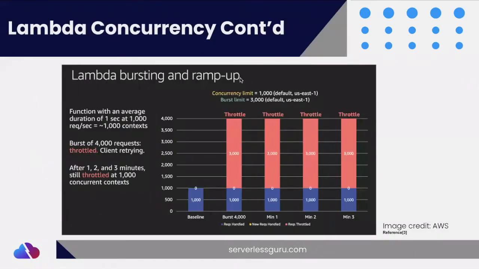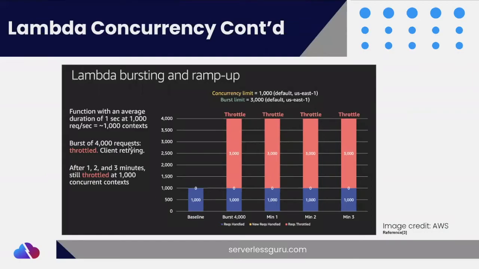And let's see this graph with the previous test to understand a bit more clearly. Suppose you have a function which takes more than 1 second to finish a request, and this function gets 1,000 requests in a second. So the concurrency will go to 1,000, and all 1,000 requests will be served without an issue.